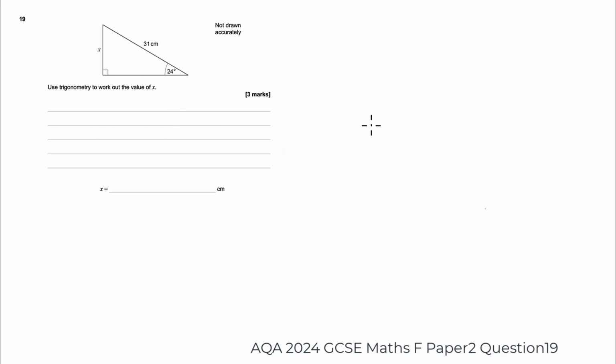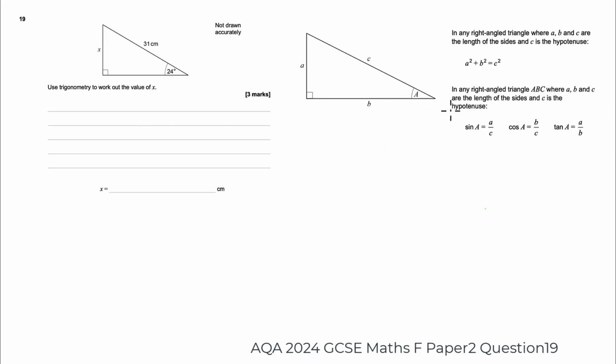Now, trigonometry would involve sine, cosine, tan, and you do get in your exam a formula sheet, and this is the relevant part, down here, where there's a right angle triangle, and we're told that the sine of this angle A is A over C. That's this opposite side divided by the hypotenuse. So the sine is the opposite divided by the hypotenuse.